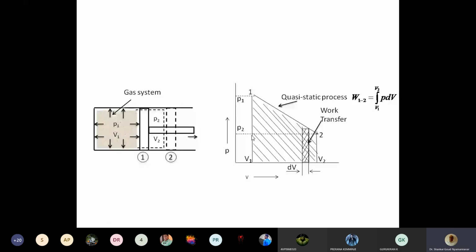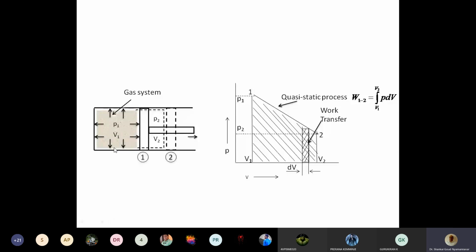So what is V2 minus V1? When the piston moves from this location to this location, this is the change in volume. Initially this volume was there, finally this plus this is the volume. Change in volume is given by this dotted area. How to calculate that?